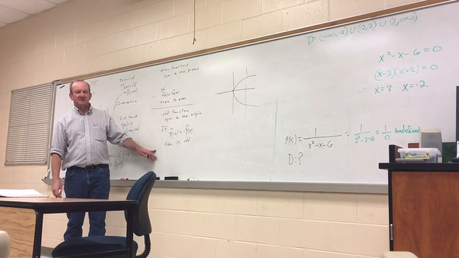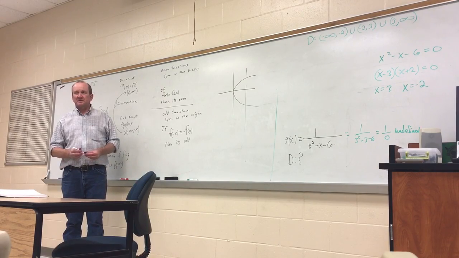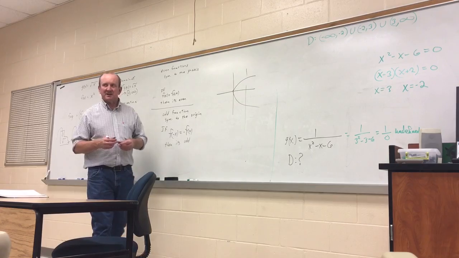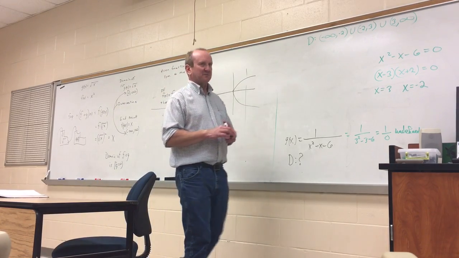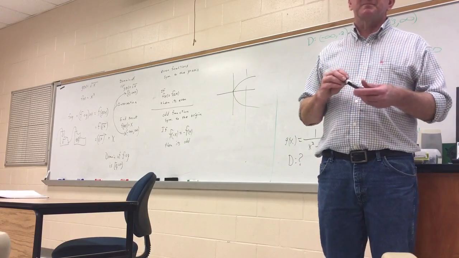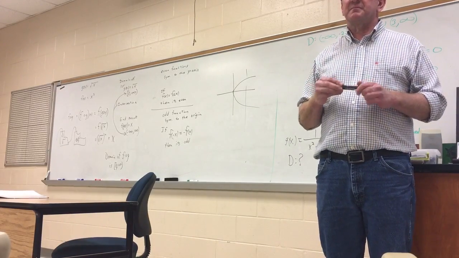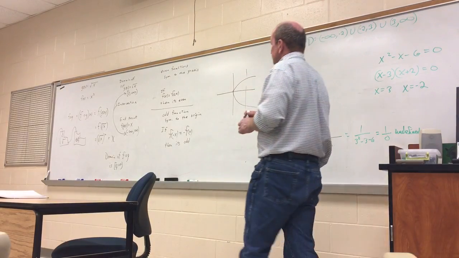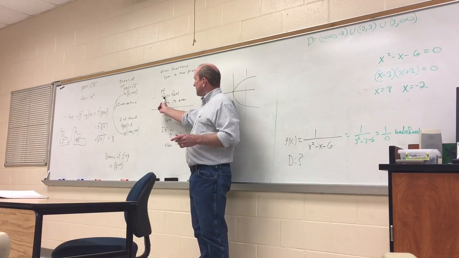So if it's not even and it's not odd, then it's neither. But once you find out that it's even, you're done, because it can't be odd at the same time. It's going to be odd, or it's going to be even, or it's going to be neither. So you can only be one. How do you know that in an equation? We just check that. You're given f of x, and you just see what f of negative x is.